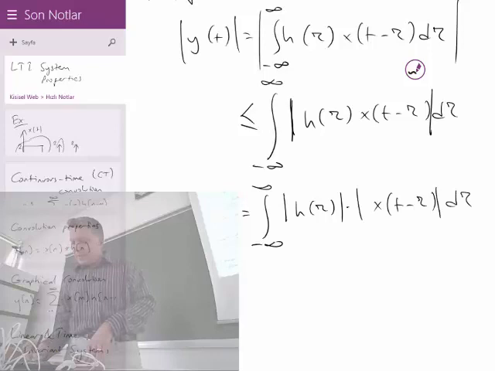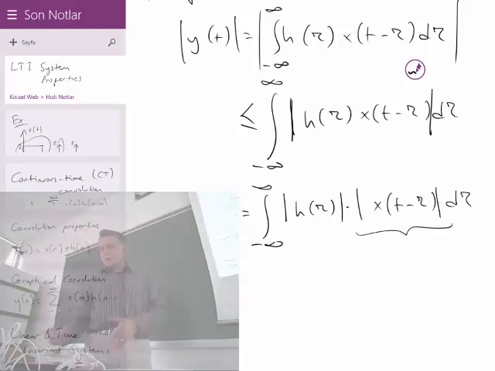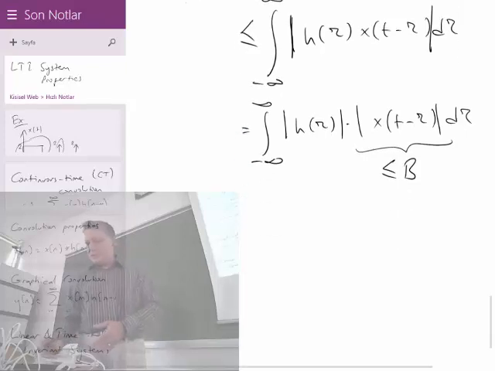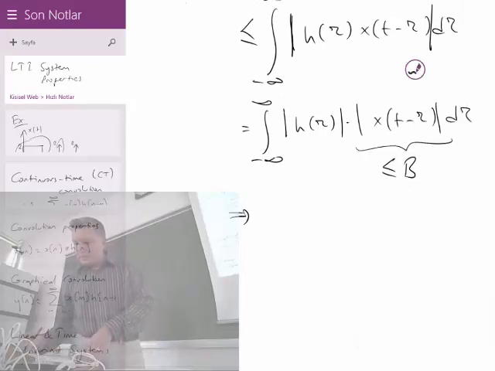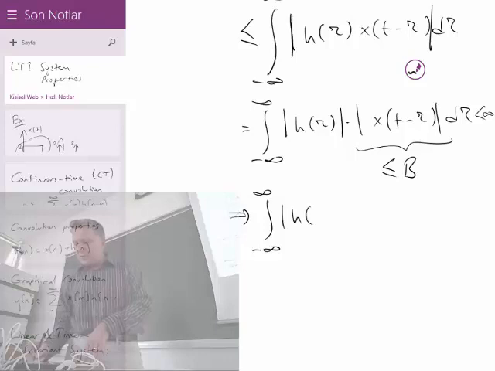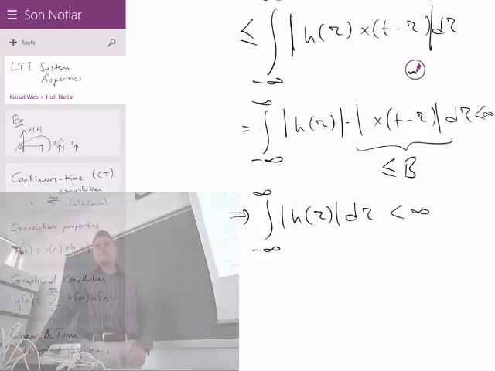Now the absolute value of x of t minus tau is less than or equal to a bound B. So in order for this thing to be finite, we need the integral from minus infinity to infinity of the absolute value of h of tau d tau to be finite. Exactly the same thing that we did for the discrete time case.